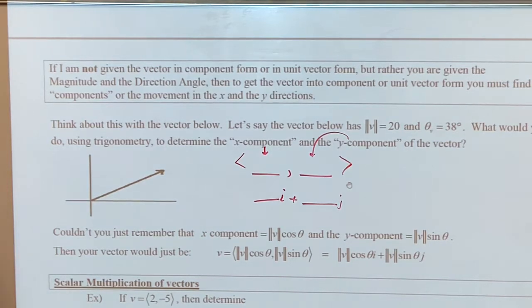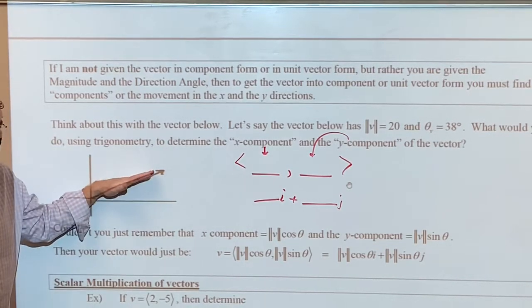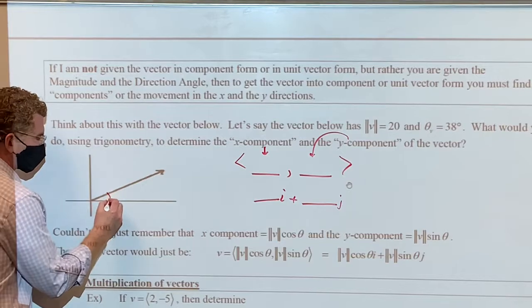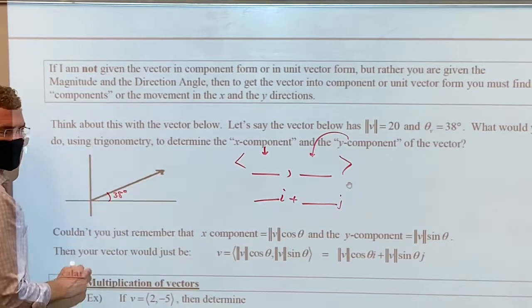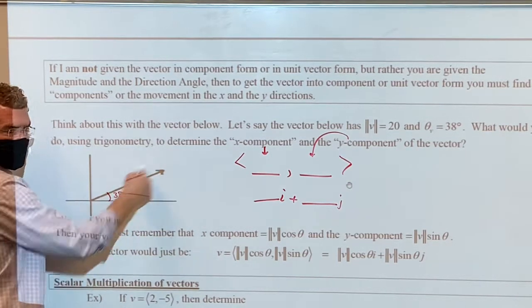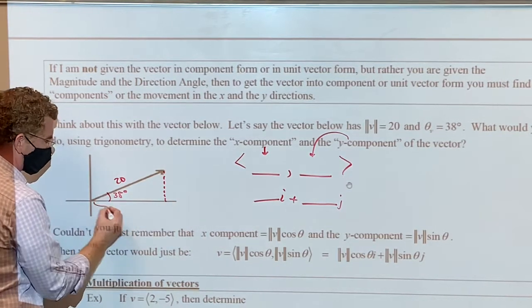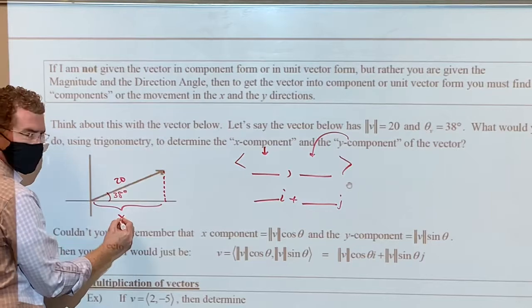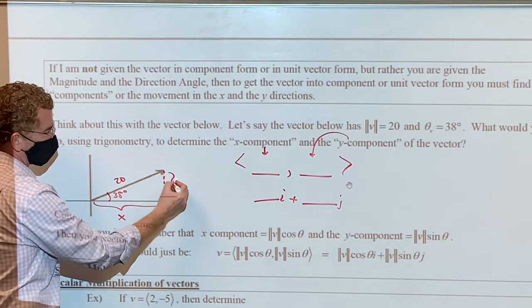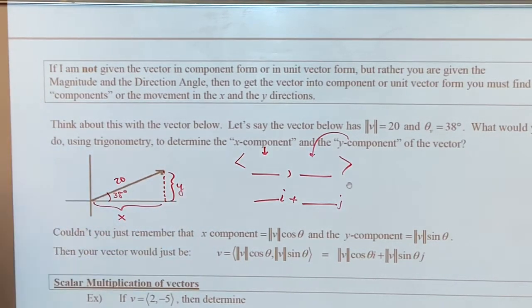Now this part, guys, should be really easy for you because it's just the basics of trig. If I think about an angle, and I know this is 38 degrees, and I know the magnitude, or the length of the vector, is 20, the components just end up being what? My x movement and my y movement. And hopefully we can find that with trig, can't we?